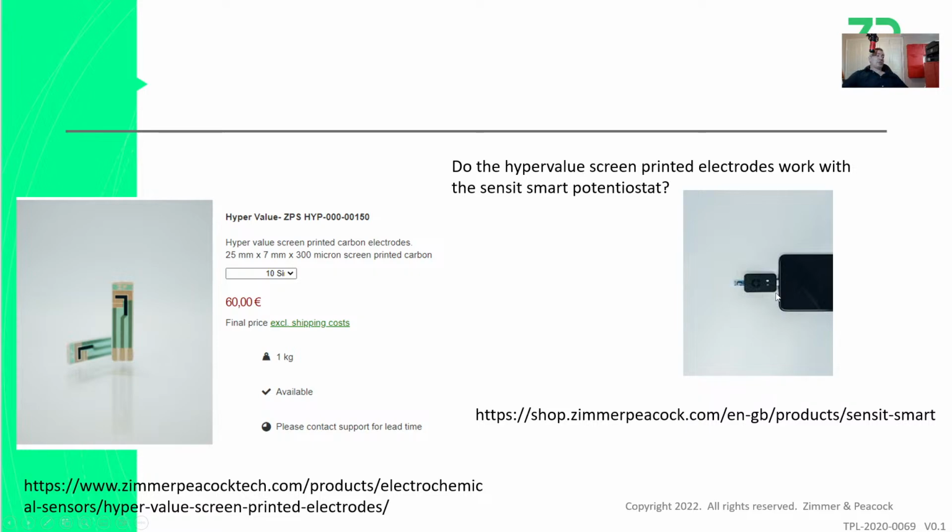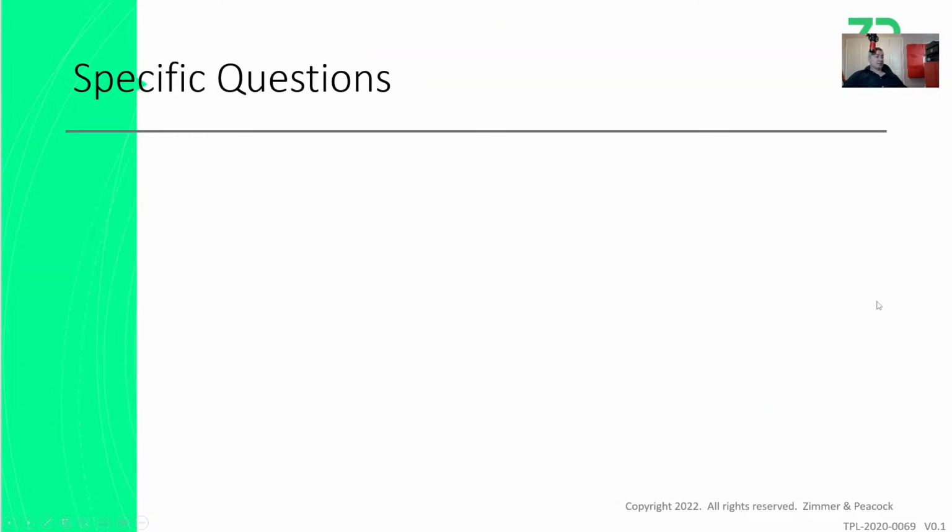So they like our Hypervalue electrodes with the Sensit Smart because the counter electrode on our electrodes is silver chloride, and this really suits the compliance voltage output that the Sensit Smart is able to provide. So the quick answer is Hypervalue electrodes work really well with Sensit Smart, and DropSens actually quite like them.